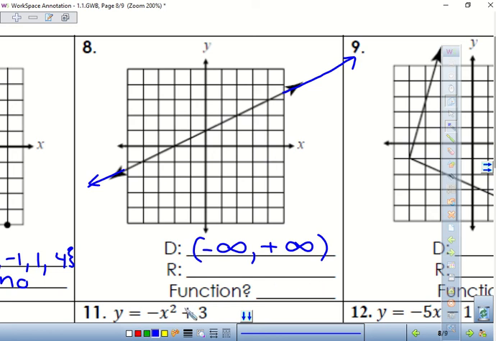We just care left, right for domain. Range is where we care about what it's doing up and down. So if we think about what this function is doing, is it going down forever? Yes. And is it going up forever? And lastly, is it a function? Because it passes the vertical line test.